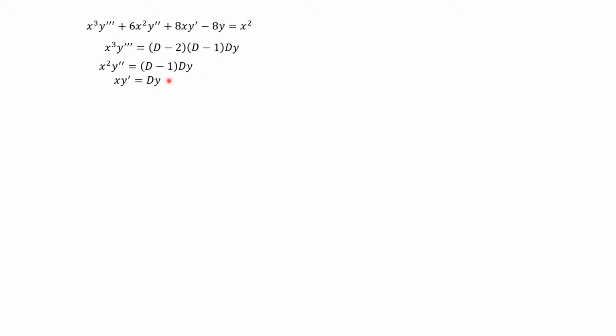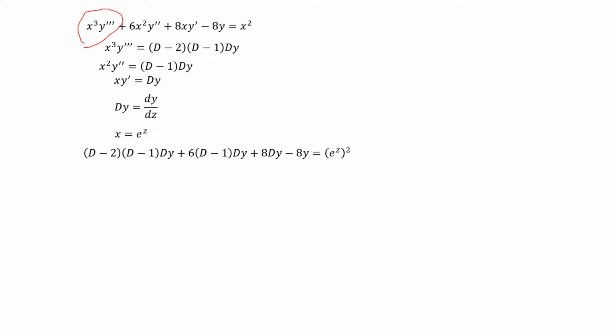And our x y prime is Dy, where our D is of course equal to d/dc, and x is equal to e to the c. So now we plug in. x cubed y triple prime is plugged in as D(D minus 1)(D minus 2)y, and then x squared y double prime, the 6 times D(D minus 1)y, and then the 8x y prime is plugged in, which is simply 8 times Dy.